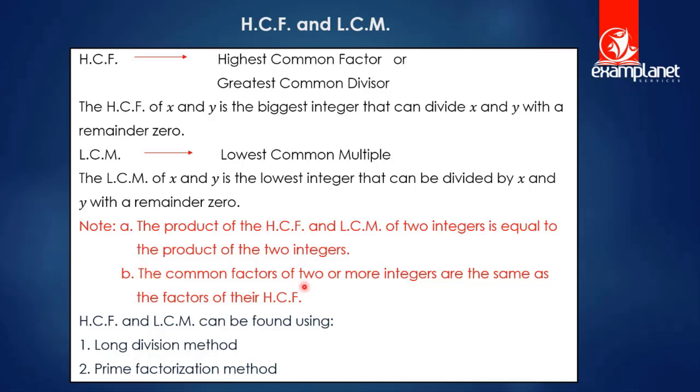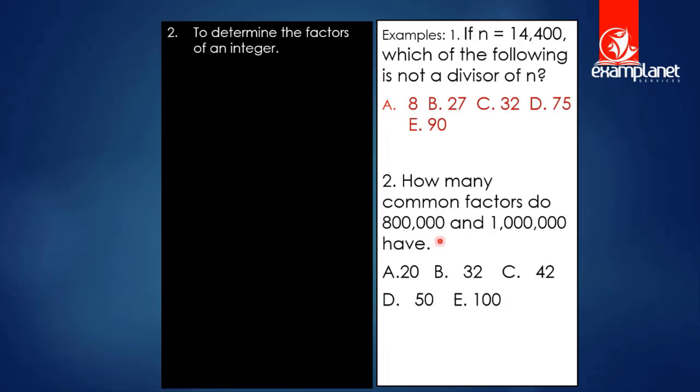Remember? Yeah, the common factors of 2 or more integers are the same as the factors of their HCF. So this rule is simply what we need to solve this particular question here.